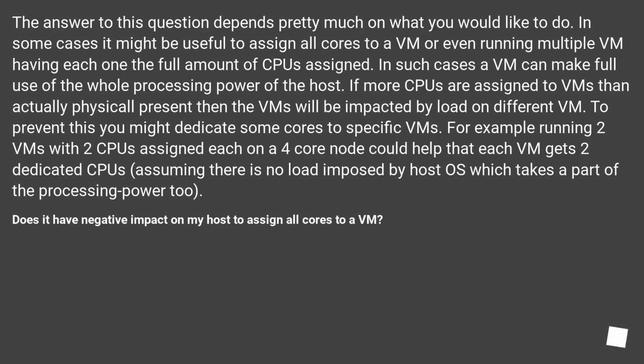To prevent this, you might dedicate some cores to specific VMs. For example, running 2 VMs with 2 CPUs assigned each on a 4-core node could help so that each VM gets 2 dedicated CPUs, assuming there is no load imposed by the host OS which takes a part of the processing power too. Does it have negative impact on my host to assign all cores to a VM?